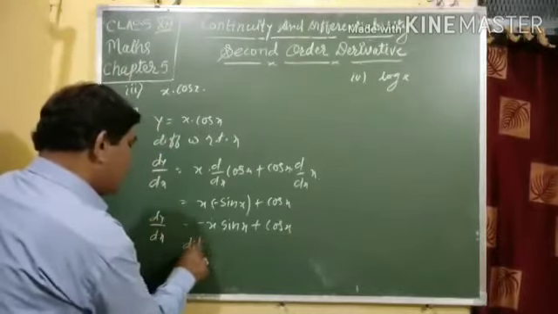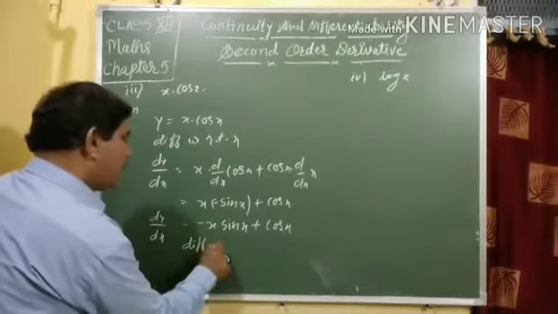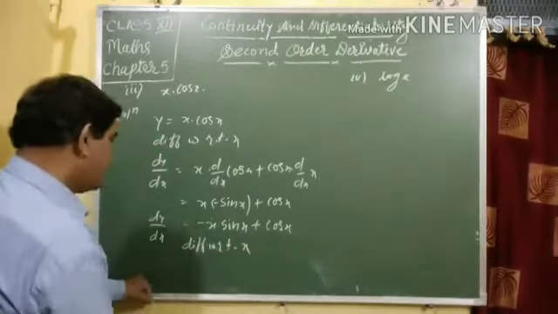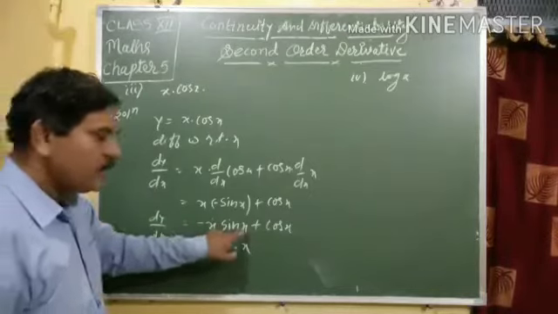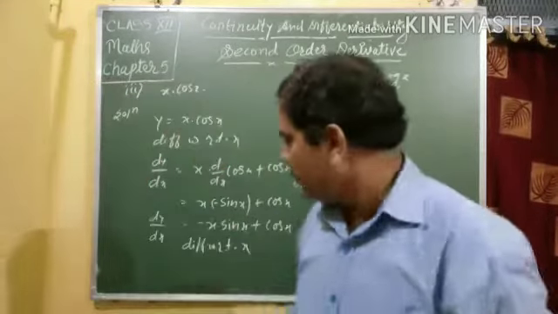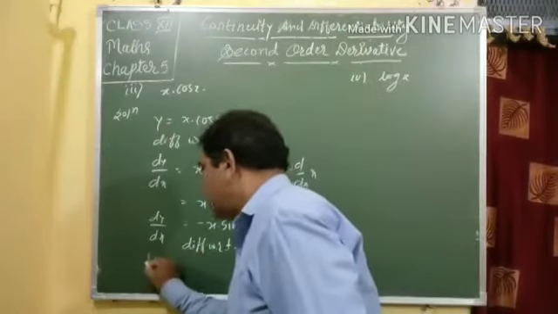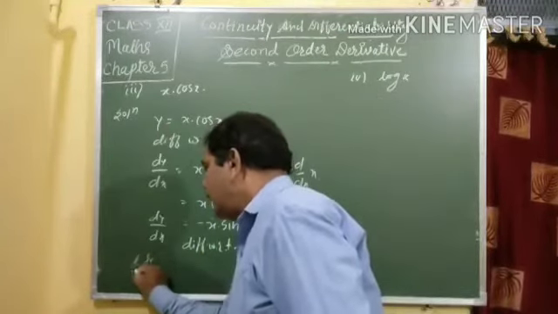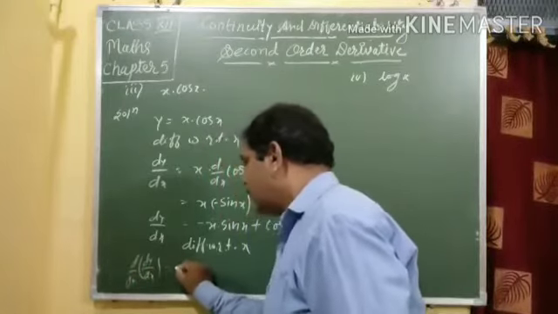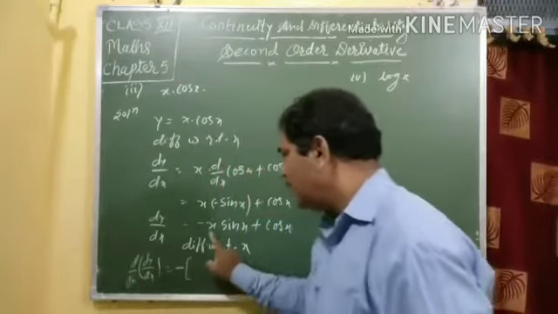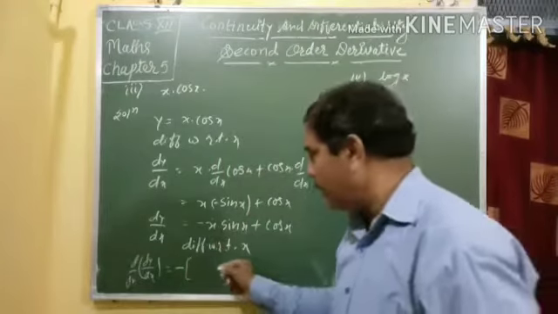Again we have to differentiate with respect to x. What is given? dy by dx is minus x into sin x plus cos x. So differentiate, d by dx. What will you get? This minus sign put as it is. Here again product rule we have to use.